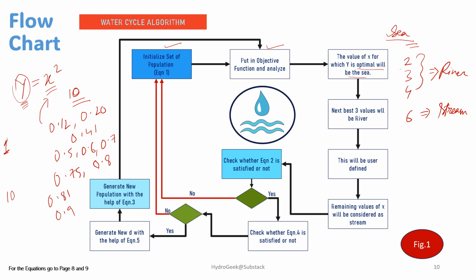But yes, more optimal values can be expected. As I have said, the remaining values of x will be considered as streams. Now the next step: we'll check whether these values of x satisfied equation 2.